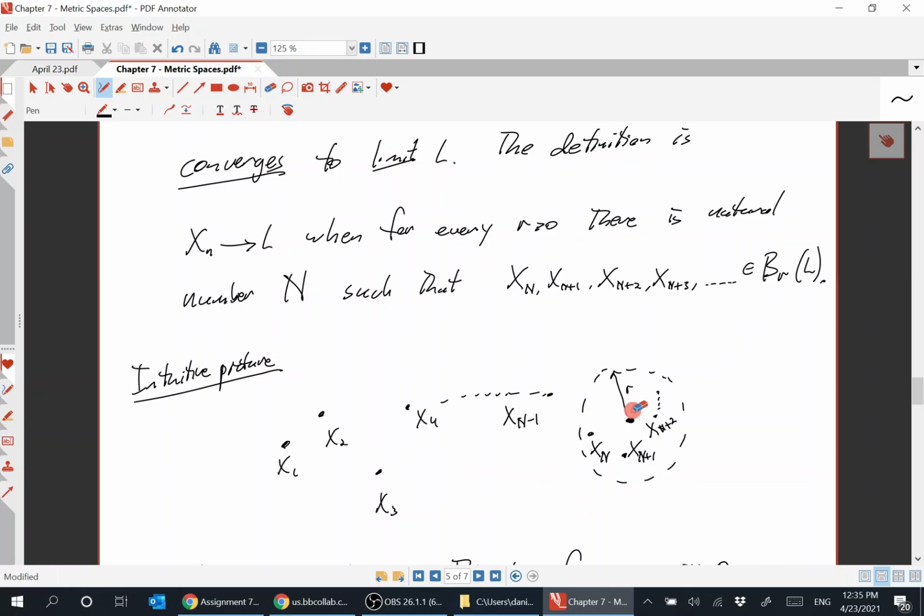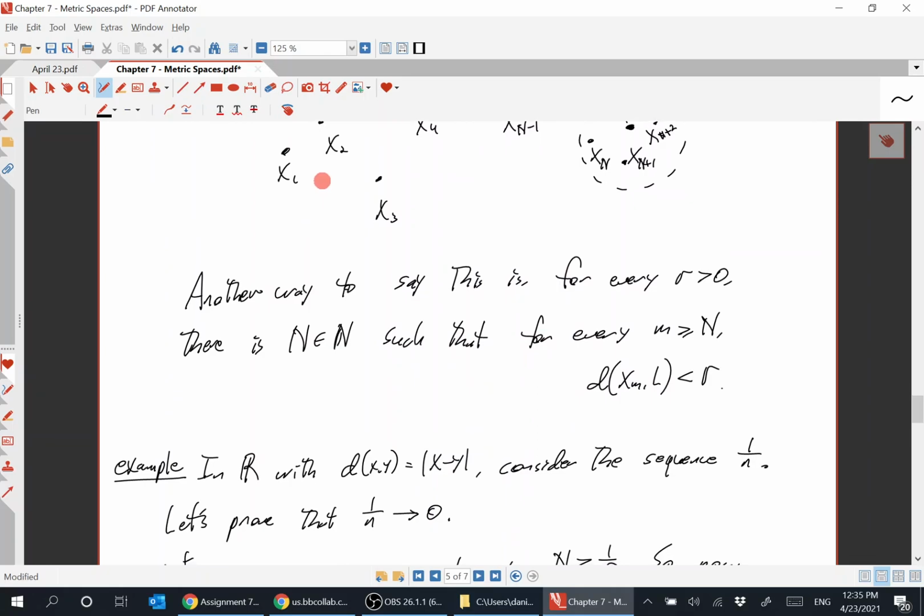So here's the ball around the limit, and the sequence is bouncing around. Maybe it goes in the ball, maybe it comes out. 1, 2, 3, 4, 5, 6, 7, 8, 9, 10, 11, 12, comes back out. 13, 14, comes back out. 15, whatever. But at some point, x_1,000,000, it gets stuck in here. x_1,000,000, x_1,000,001, x_1,000,002. No matter how tiny that ball is, the sequence gets stuck in that ball at some point.